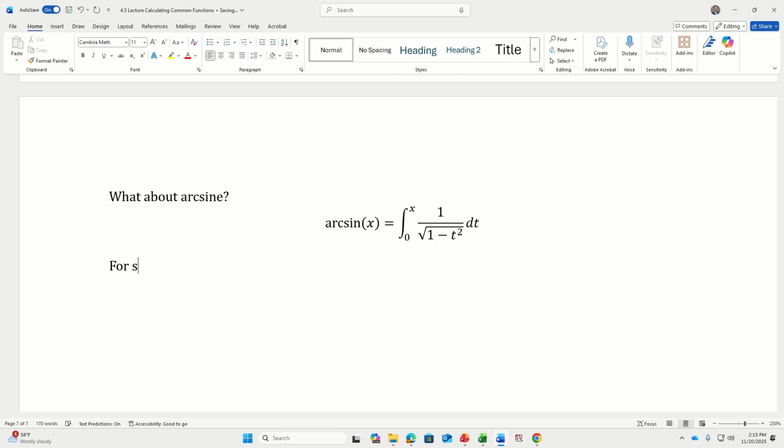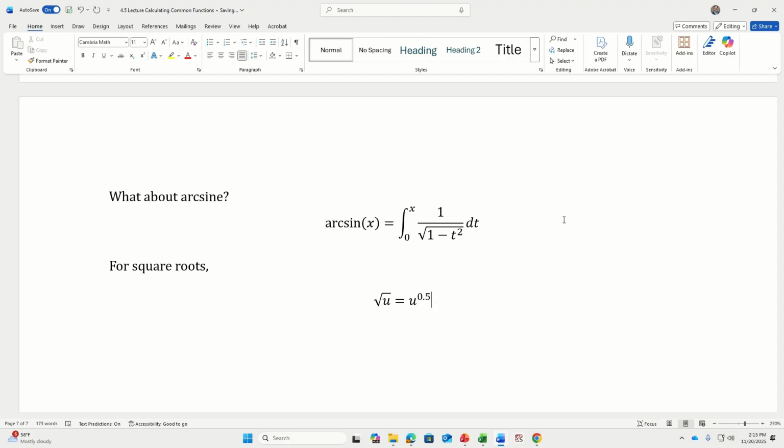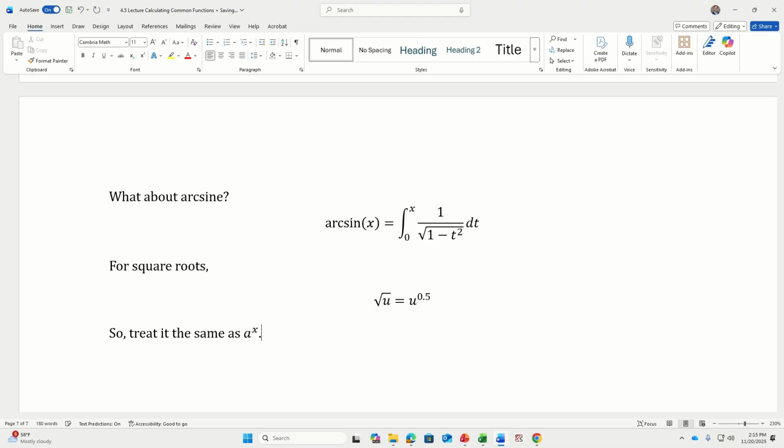For the square root function, the square root of u is just u to the power 1/2, right? So treat it the same way we did a to the x.